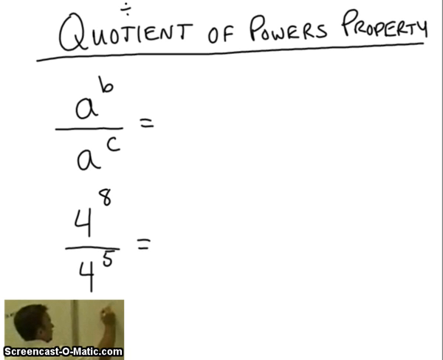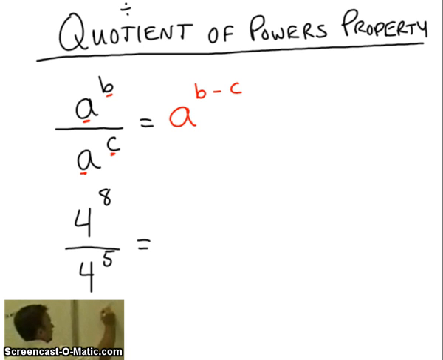So if we have base A raised to the B power and base A raised to the C power, we're going to take A to the B minus C. We're just going to subtract the two powers.